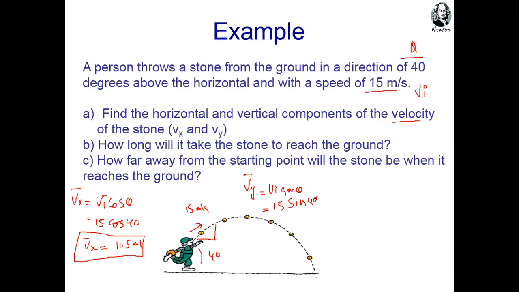Professor, we have minus GT too, yeah? Yes, sir. It is Vi sine of theta minus GT. Multiply with 15, it's 9.6. Yes, Vy is equal to 9.6.